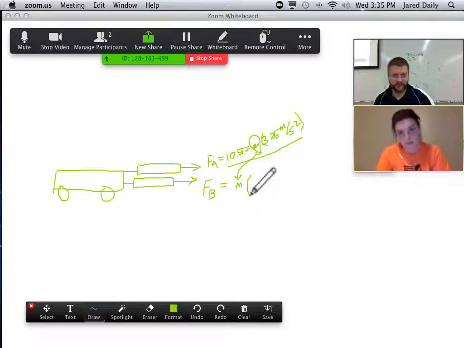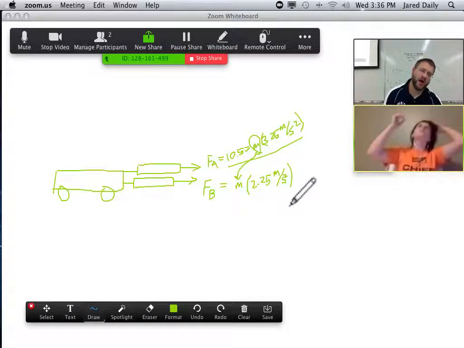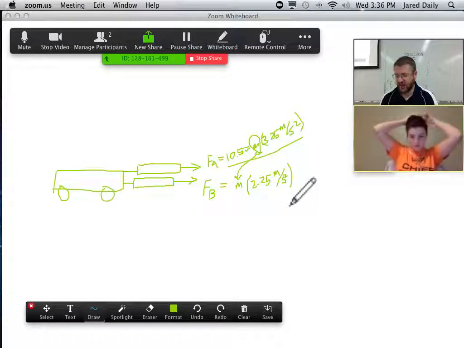So you put in 2.25 meters per second squared. That's how much acceleration is caused by this force, right? Okay. And your mass would be in kilograms, right? That's correct. Then you can solve for force B.